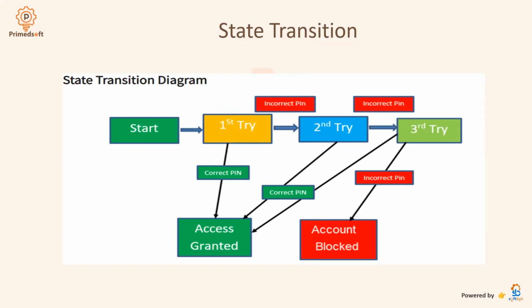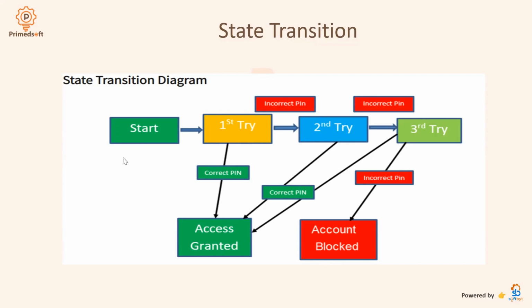If it's set for only 2 incorrect ones before it locks, then if you try the first one, it will ask you to try again. If you try the second time and it's incorrect, it will lock you out.